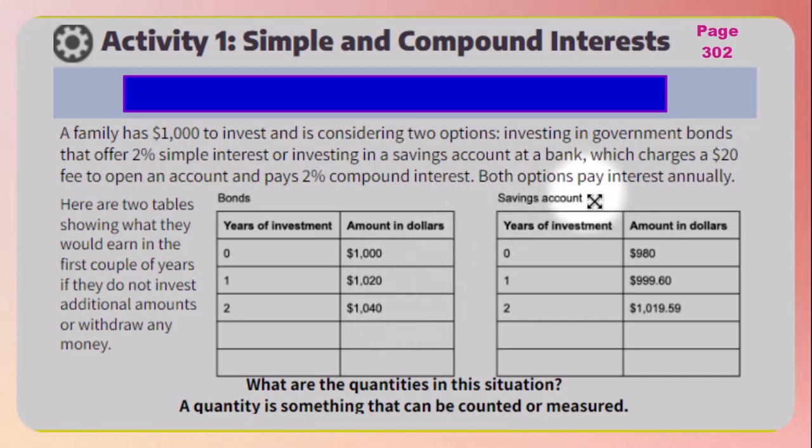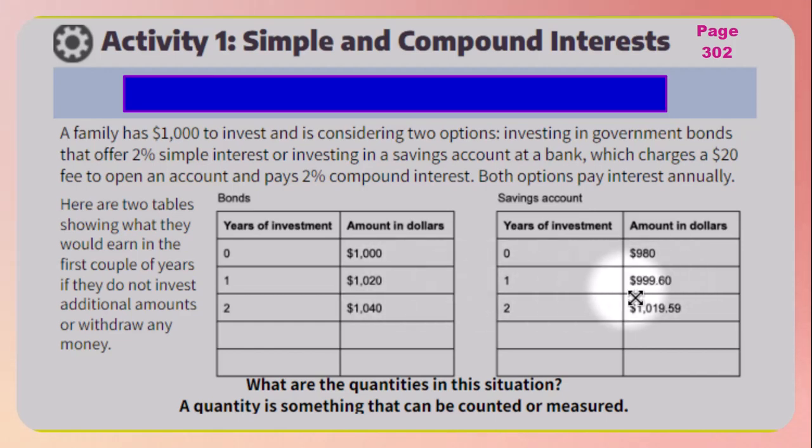In the savings account, we're going to start with 1,000, but they charge a $20 fee to open it, so that's why we get $980, because they're going to take that $20 for opening up this account, and they pay a 2% compound interest. So after the first year, they're going to have $999.60.